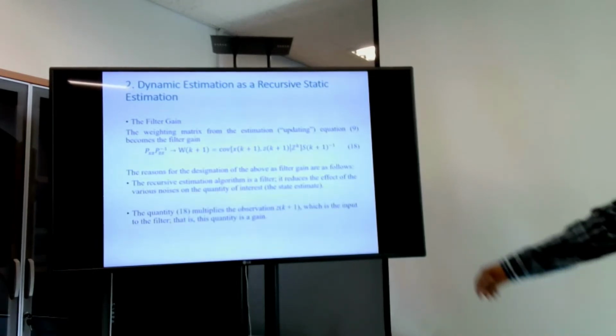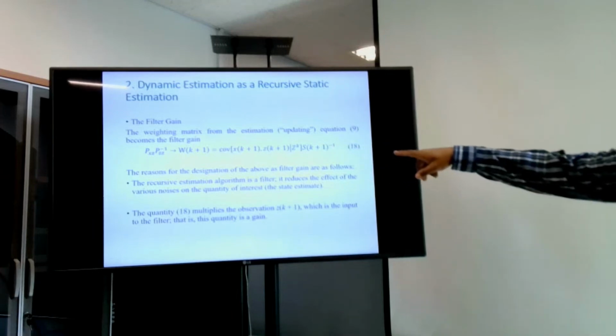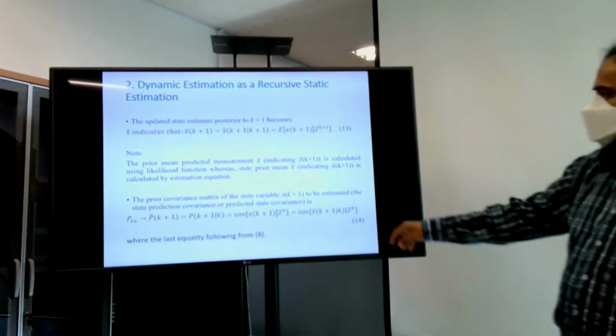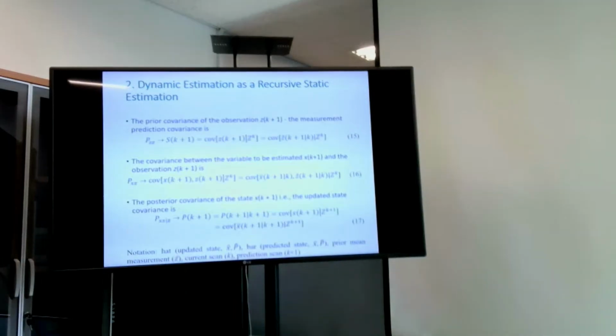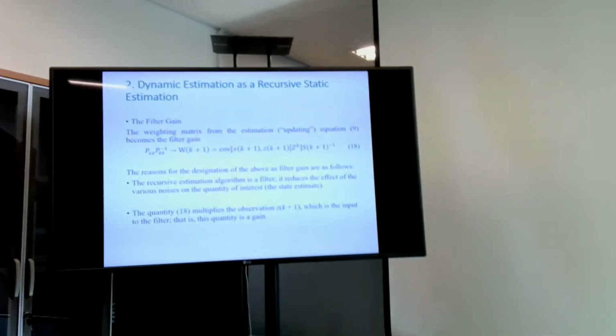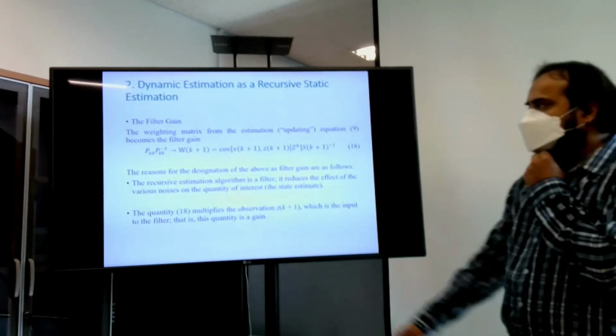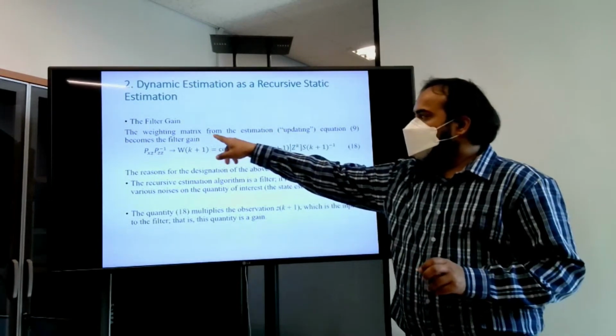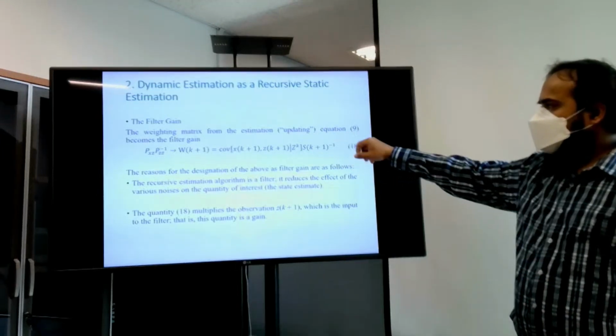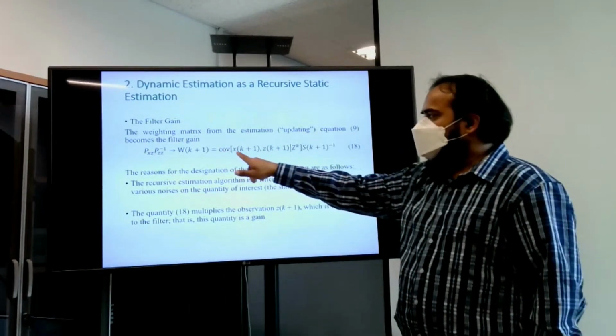Now, this equation that we have used here is the filter gain, or the weighting matrix, which is multiplied by the z minus z mean. From the estimation updating equation 9, it becomes the filter gain.